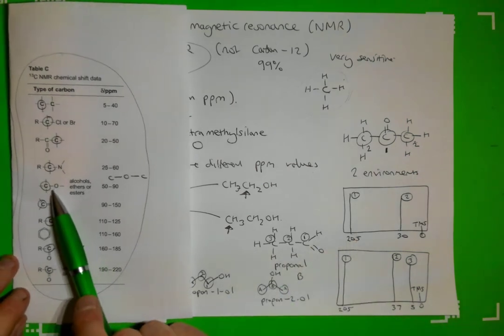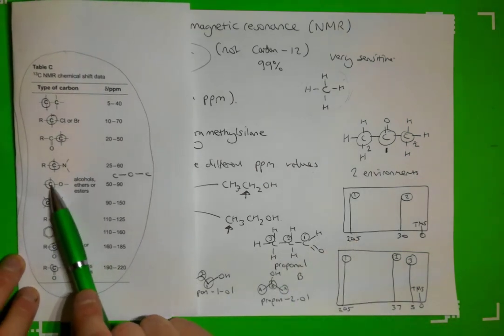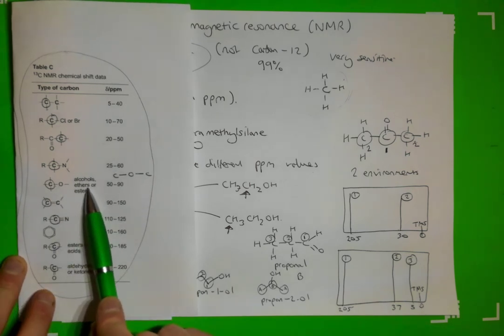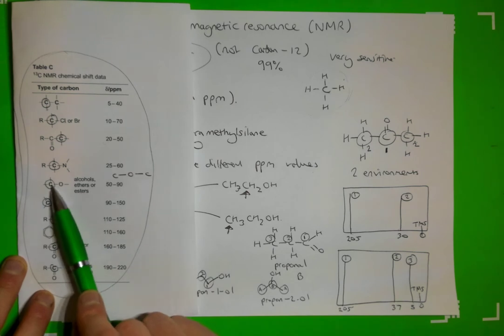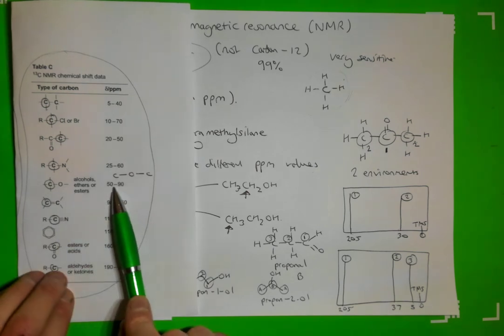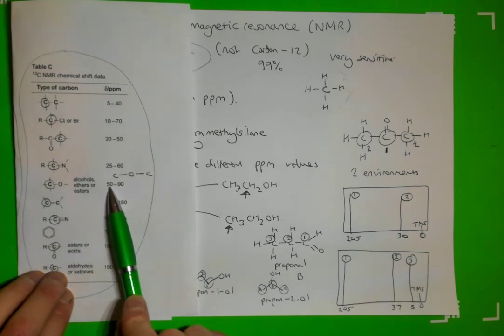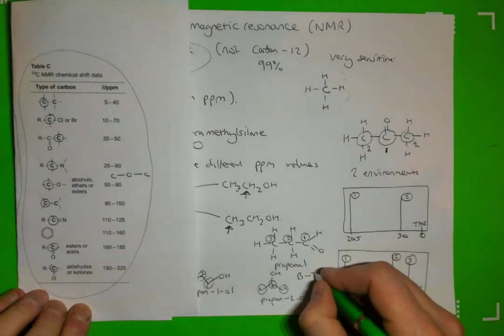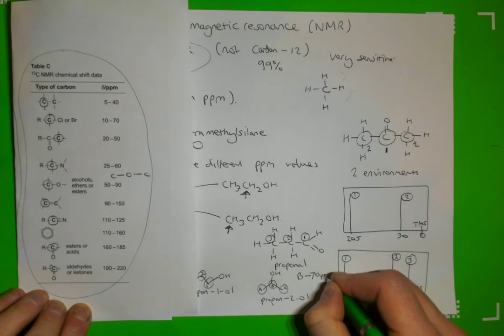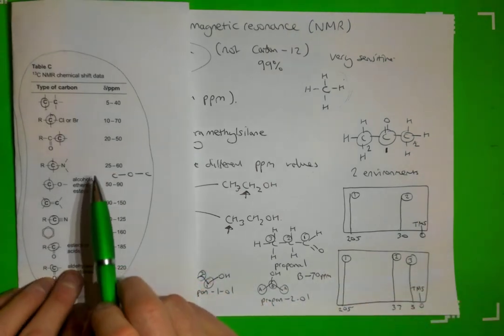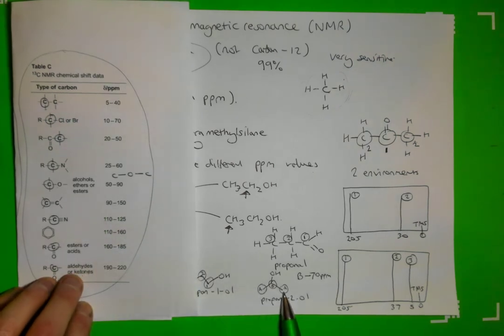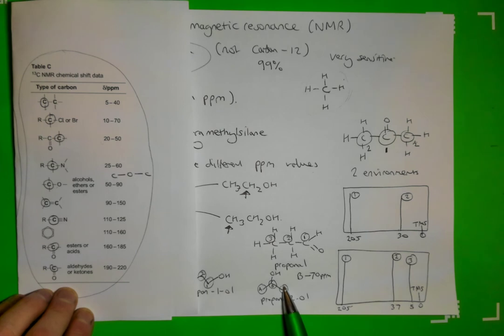So we've got here CO, which could be an alcohol, or an ester, or an ether. So this would work. So it's going to have a peak somewhere between 50 and 90, let's say 70 for example, picking any value between these 2 numbers here. And we have a carbon there, which is represented by A on the diagram.